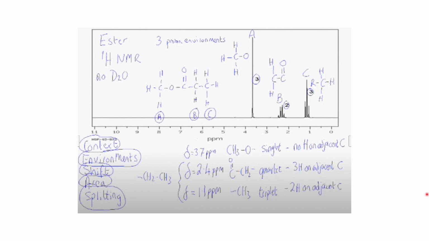That signature of a triplet and a quartet linked to each other is very characteristic of an ethyl group. So now we have all the information necessary to map out the structure of the molecule. We have the methyl group, then the oxygen, then the carbon, and then an ethyl group. So this is methyl propanoate, and we just label which protons are responsible for which environment in our molecule, and we can see that it's all consistent.